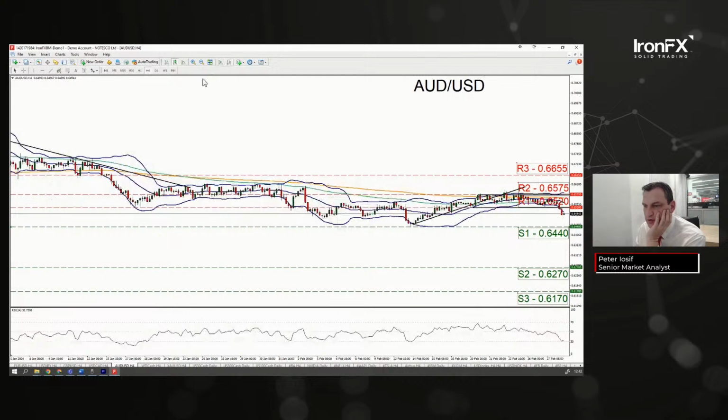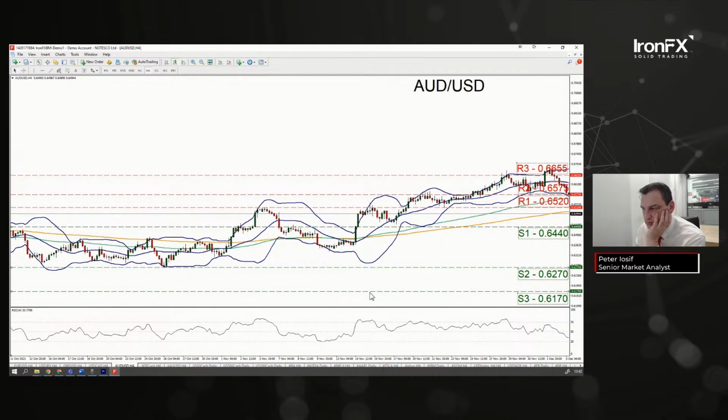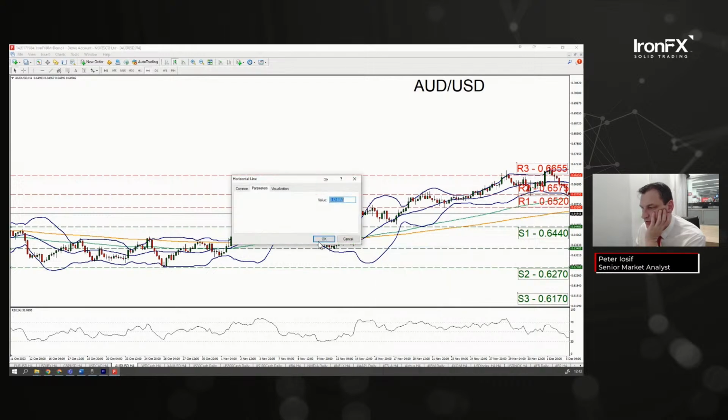Let's have a second look at the support lines of S2 and S3. Okay, I'm narrowing it. One support here, another support here. And that would be the 6350.